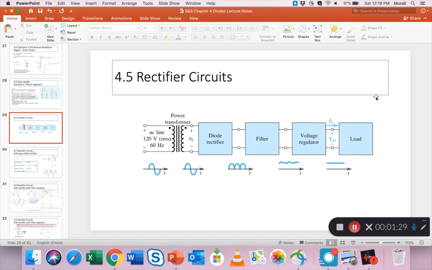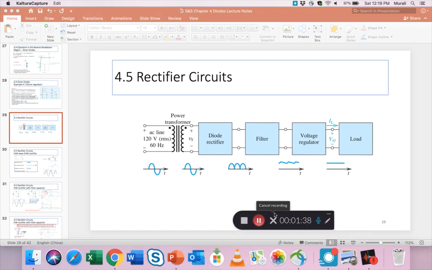Okay, so that's the plan. Let me start with this slide, which is slide 29. Okay, and we are looking at section 4.5 in the chapter.